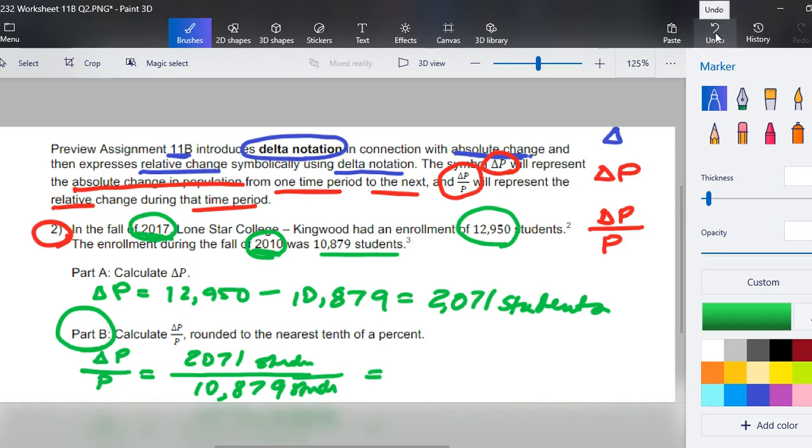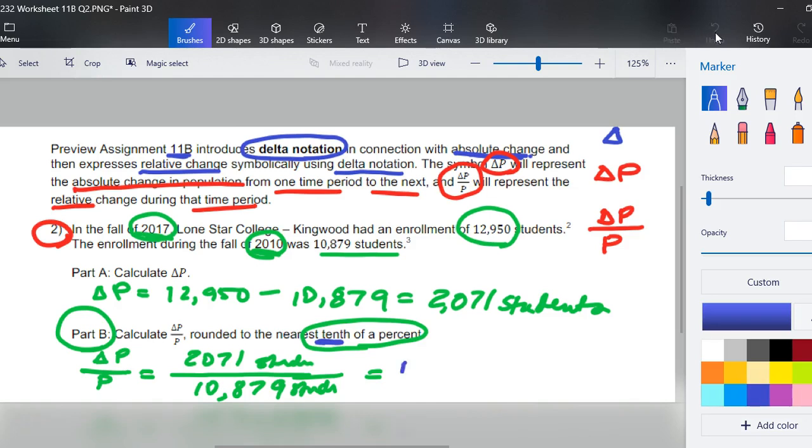We are asked to leave this as a percentage and specifically to round it to the nearest tenth of a percent. On my calculator, 2071 is still there, so I'm going to divide it by 10,879 and then multiply by 100 and round it to the nearest tenth of a percent.